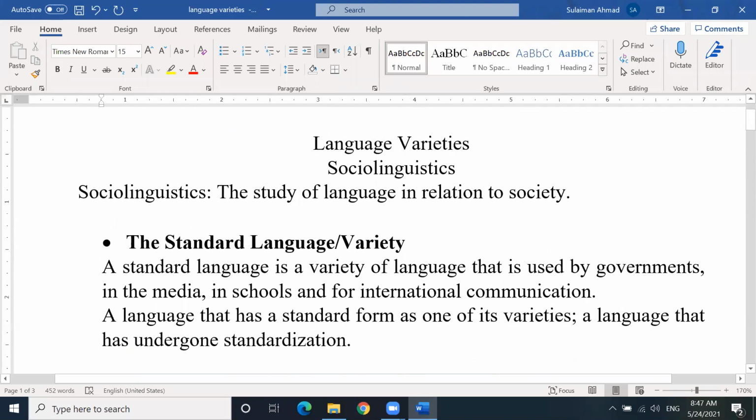If you look at the English language, English is spoken around the globe. It is spoken by the people of the UK, the USA, Australia, Canada, Germany, France, almost all the countries of the world. It is spoken in India, it is spoken in Pakistan.